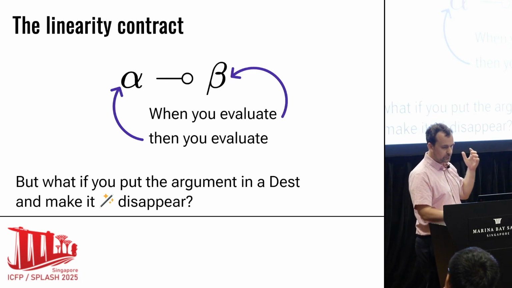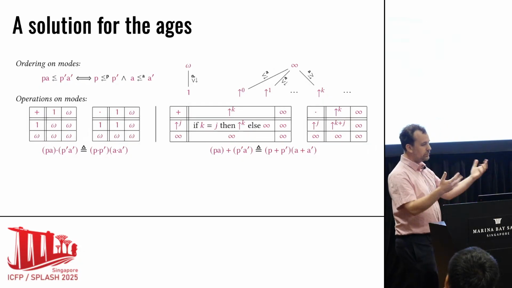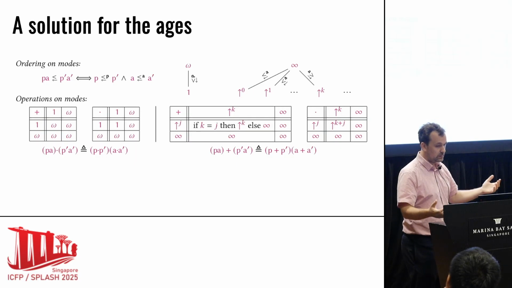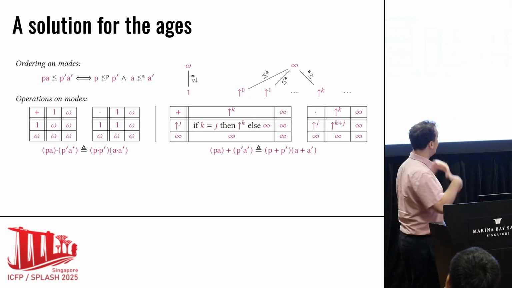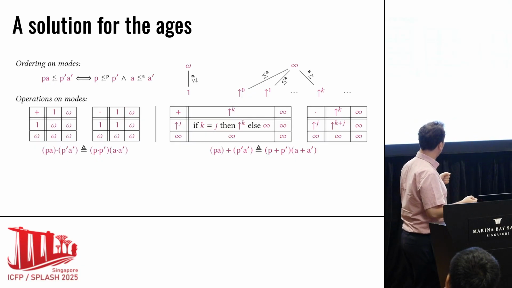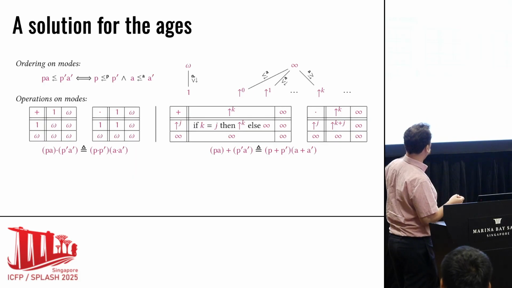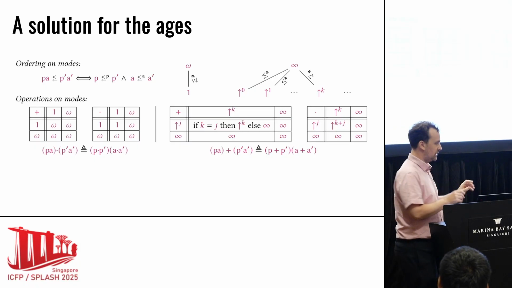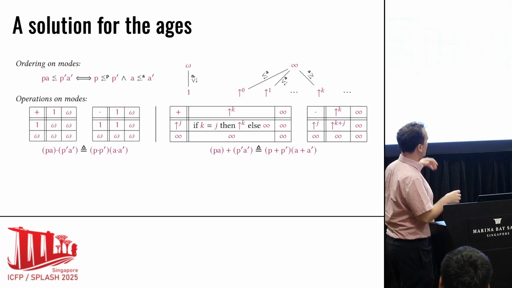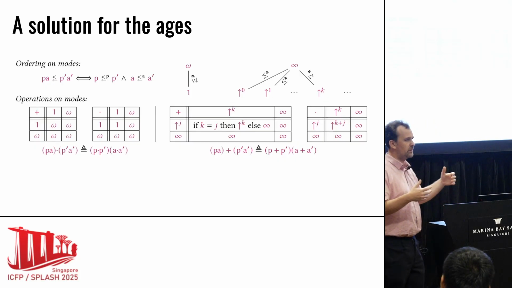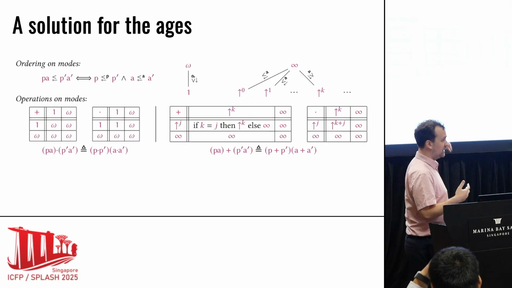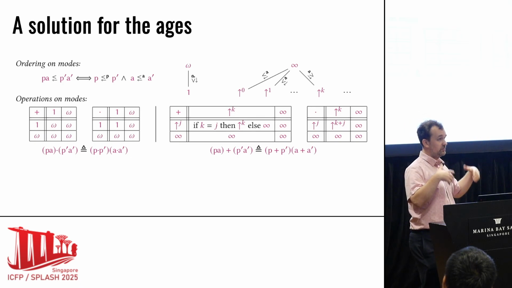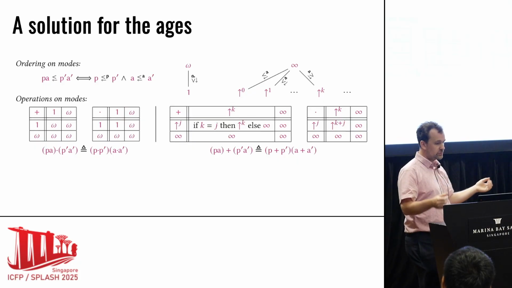So the solution that we had to come up with was a new type system. It's an extension of linear Haskell. Linear Haskell is basically the stuff on the left. It doesn't really look like a type system, but it really is, secretly. Because linear Haskell is a type system in a tradition that was first proposed by Ghica in, I think, 2014, where the whole type system is parameterized by a semiring of modes.